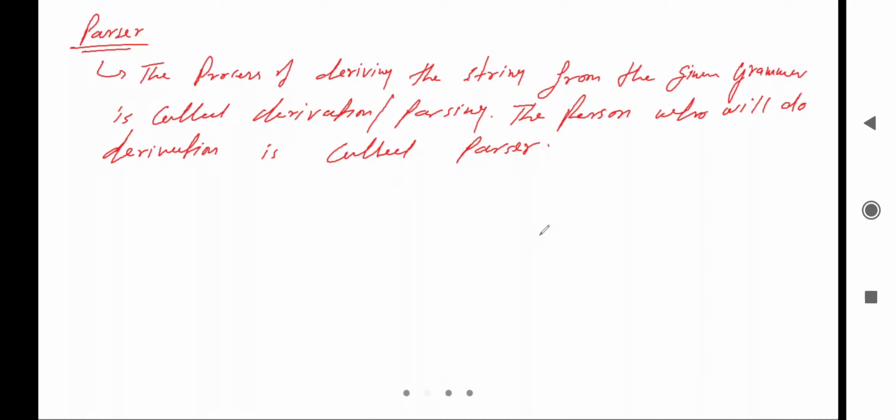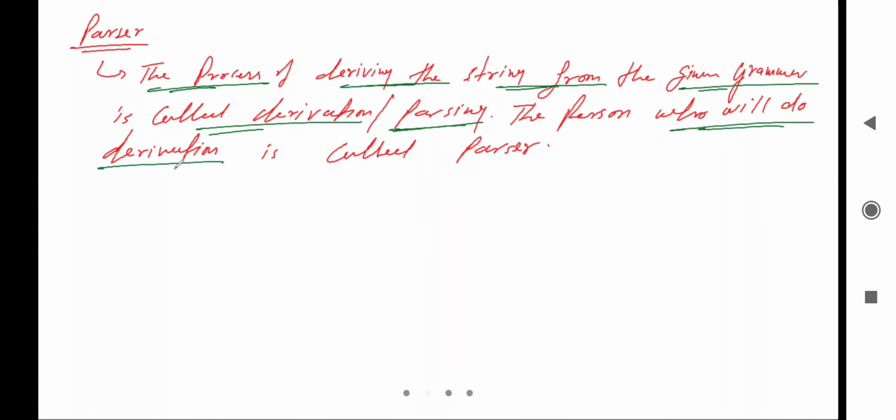Okay, so finally we can say the process of deriving the string from the given grammar is called derivation, or we can say parsing. The person who will do the derivation is known as parser. Okay, so what will we call it? We will call it parser.